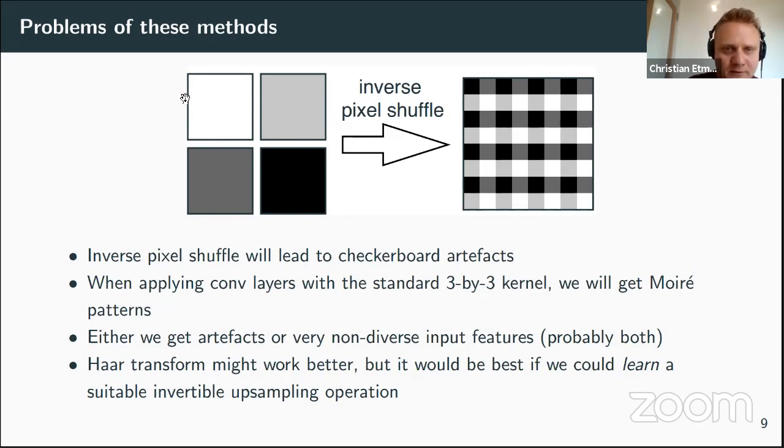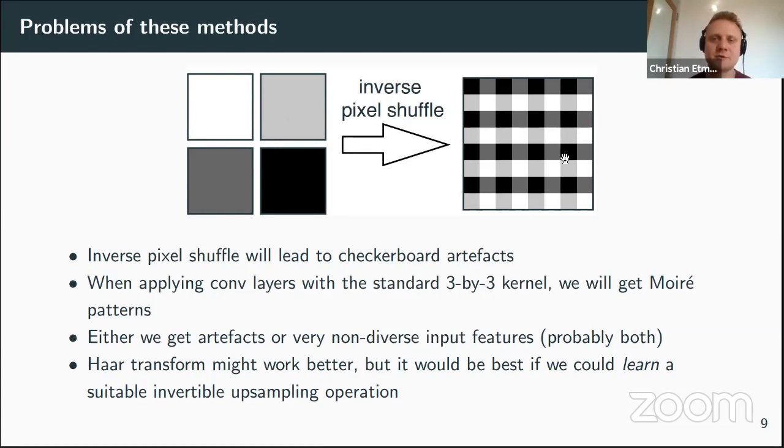In this example, we have just 4 monochromatic channels to which we apply the inverse of the pixel shuffle transform, such that whereas before we reordered groups of 2 by 2 pixels into different channels, we now have to do the opposite, such that these checkerboard patterns will automatically appear. And this will basically always be the case, essentially unless all of the channels look the same.